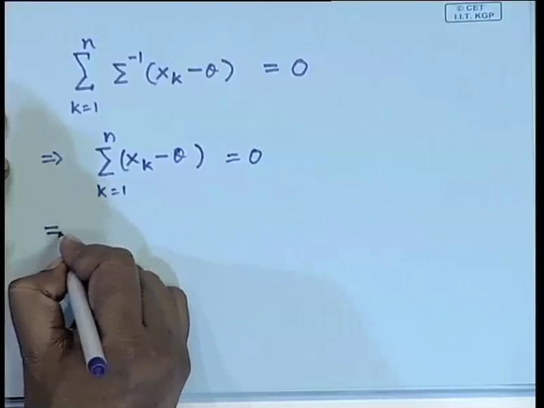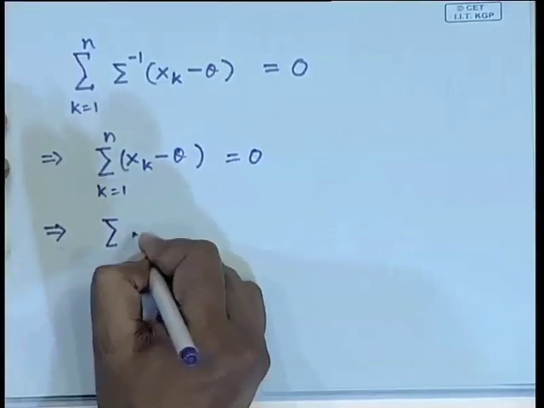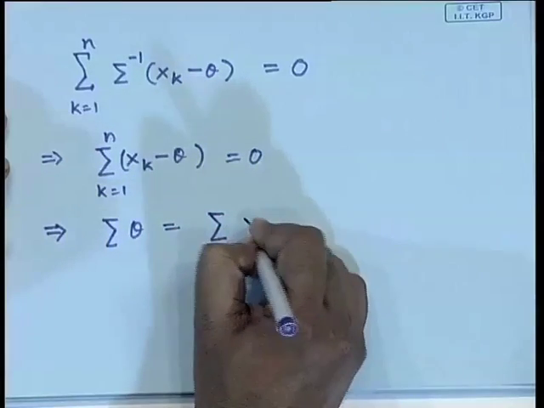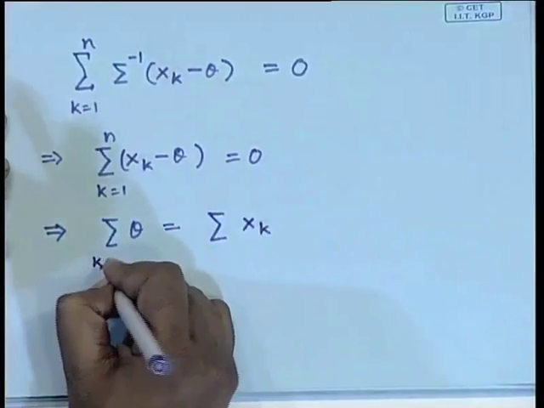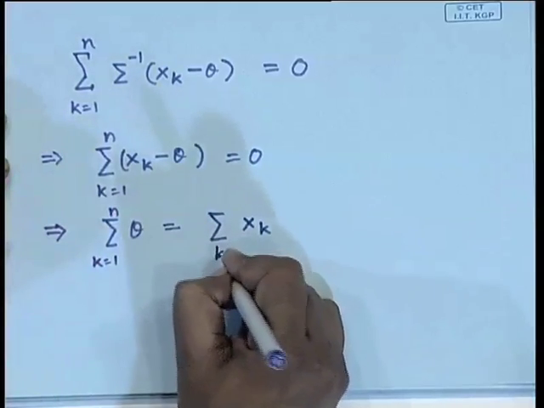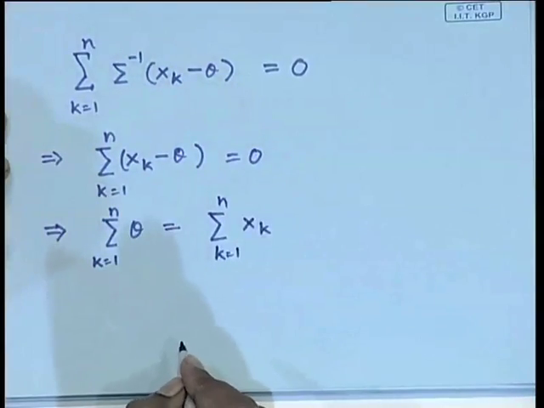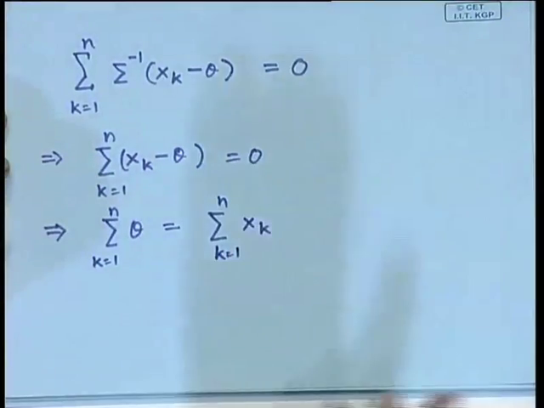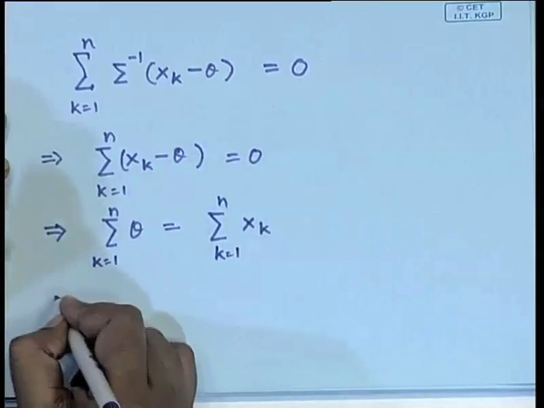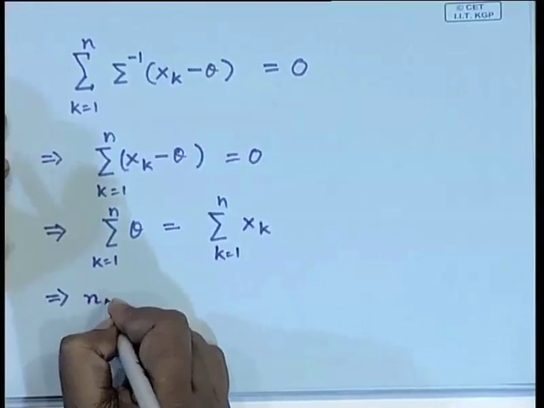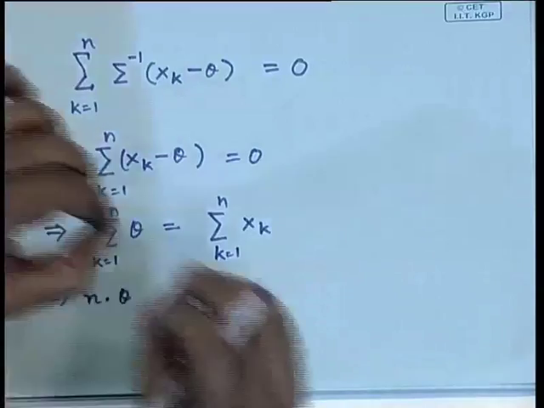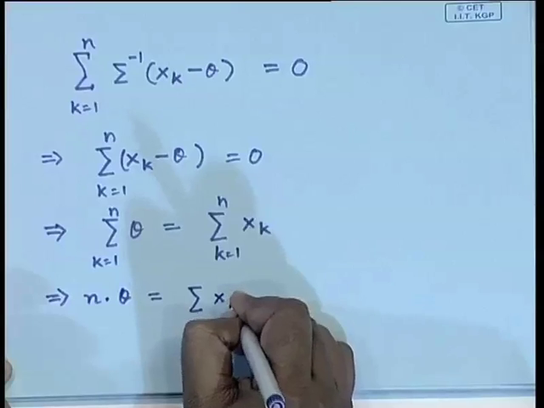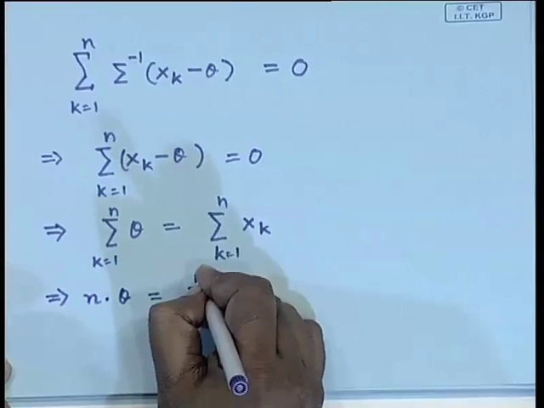So, this simply gives us that the summation of theta is equal to the summation of x_k, where here also k varies from 1 to n. Okay. What this means is I have to sum theta n number of times, right. So, this is simply n multiplied by theta, because it is the same theta which is being added n number of times, that is equal to the sum of x_k, k varying from 1 to n. Okay.